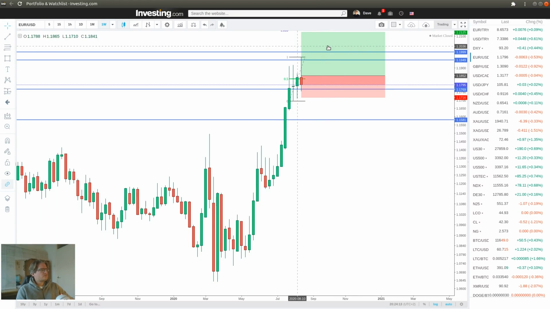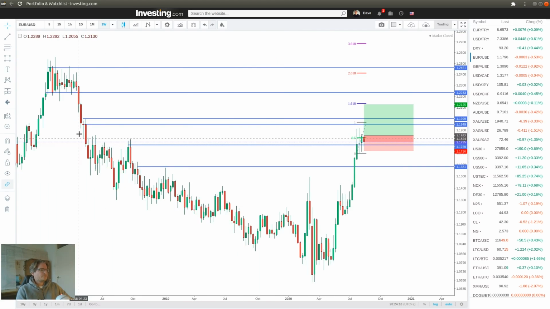So we can see that here I indicated this zone, that's a supply zone. So many orders were waiting here to go short, and if the big banks have an idea of going short, they are looking for liquidity to execute their orders.